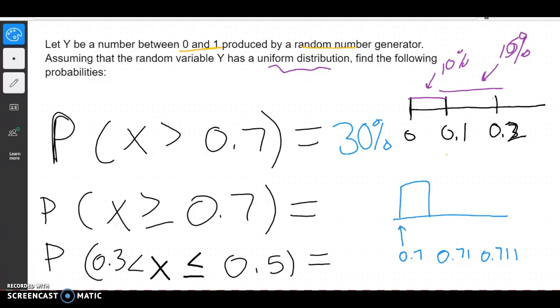There are so many numbers between even 0.7 and 0.8 that including or excluding one single number gives you the same percentage. So it doesn't matter, because this thing doesn't have any width. The area is not really changed by taking out one tiny number.